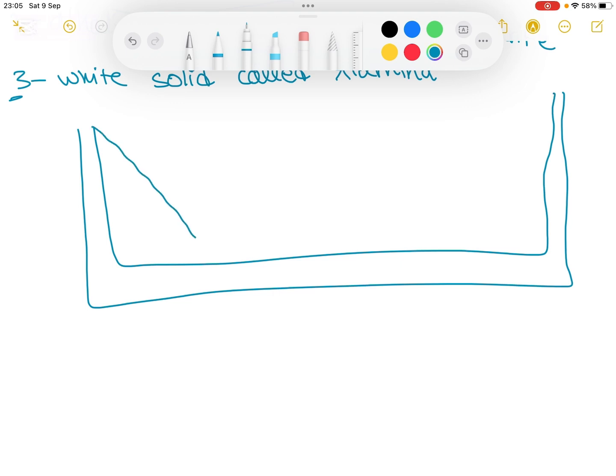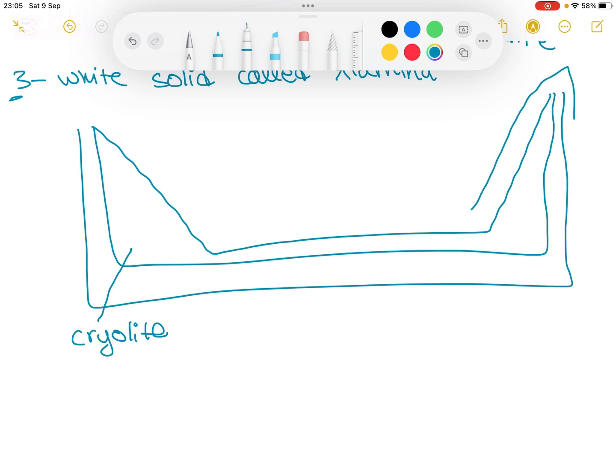We have this tube, which has the aluminium extracted.